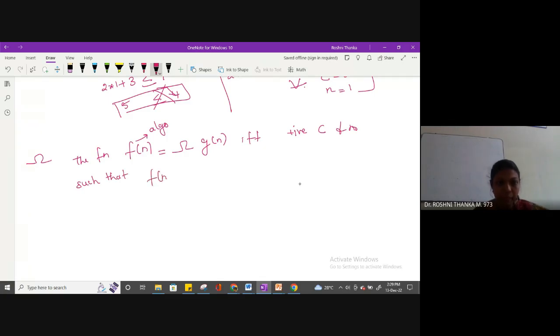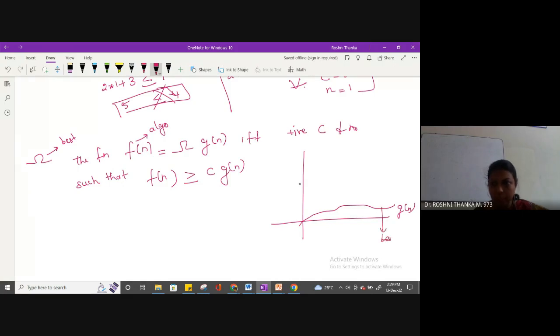what is the condition here? Omega speaks about the best case. So always f of n should be greater than or equal to some constant into g of n. How will the graph look? Using omega, for example, we will have the g of n here. That speaks about the best case. This is the minimum; below this it will not go.